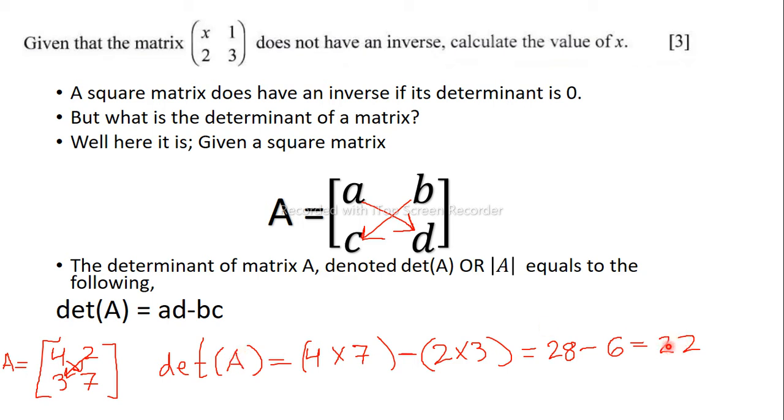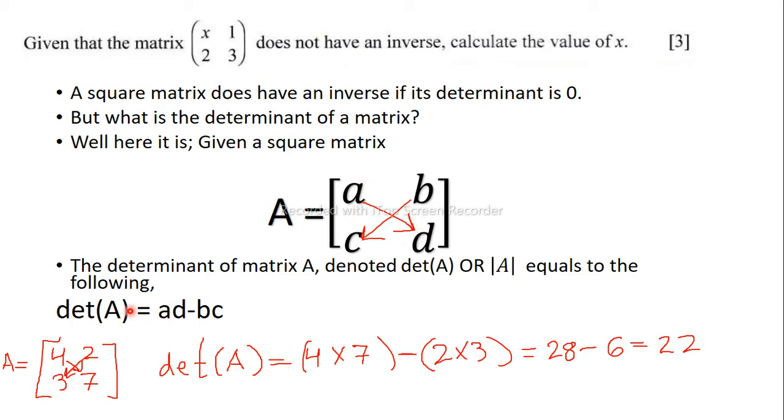So that means it's not equal to 0, so this matrix actually has an inverse. The one on top is just a matrix in general.